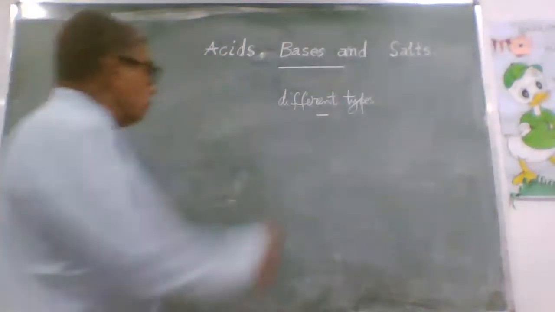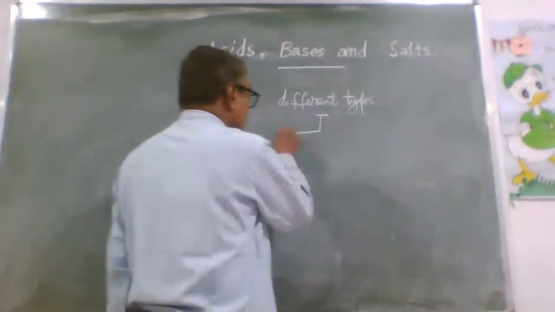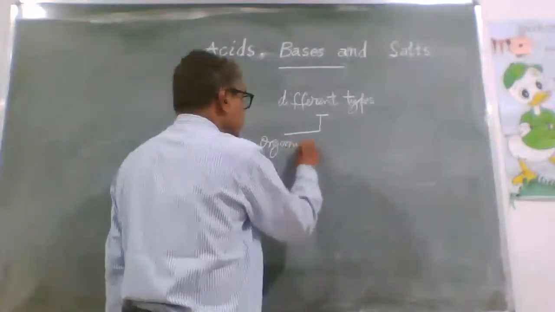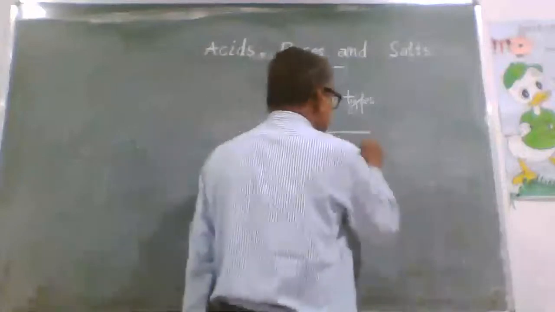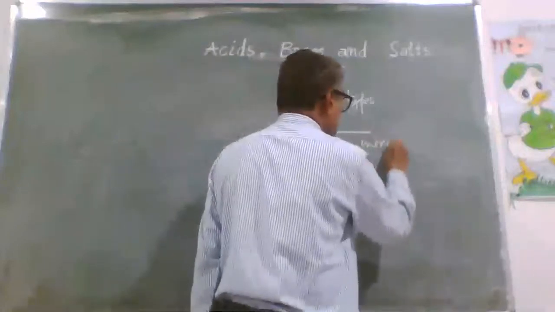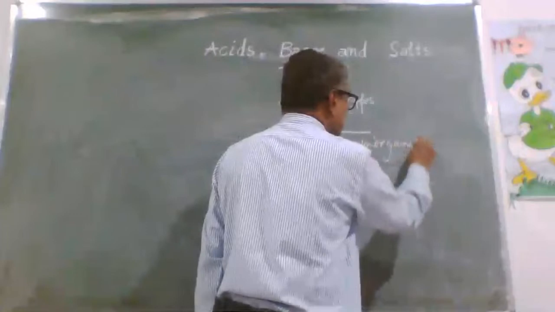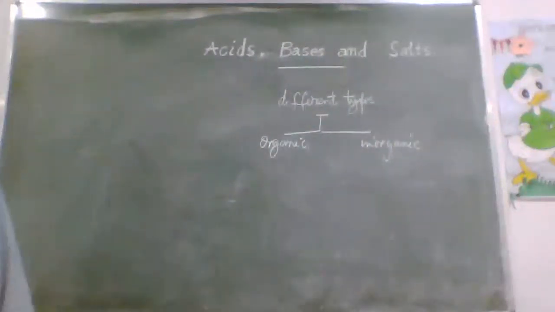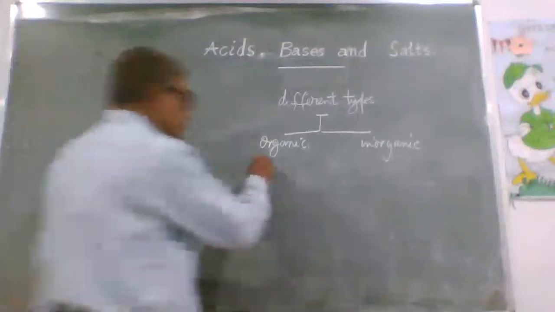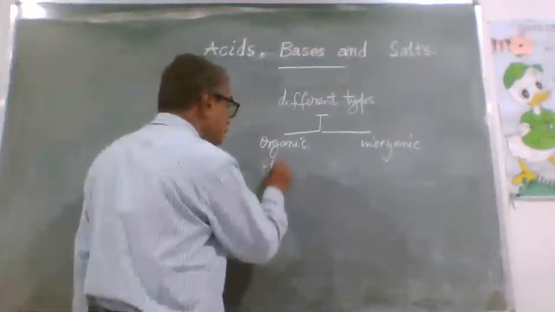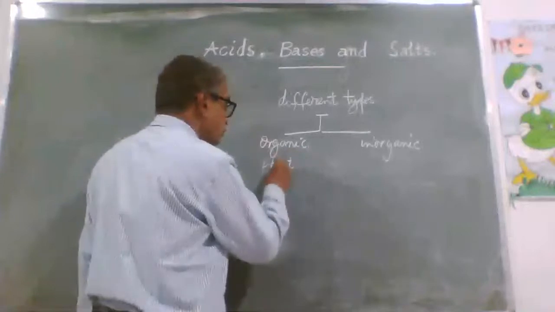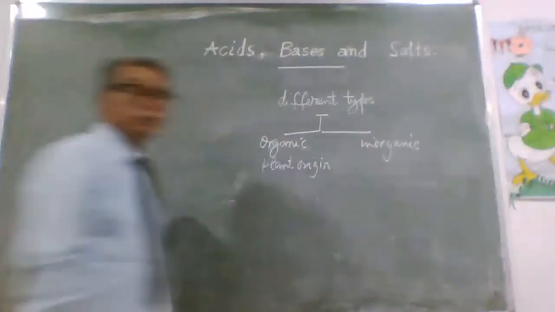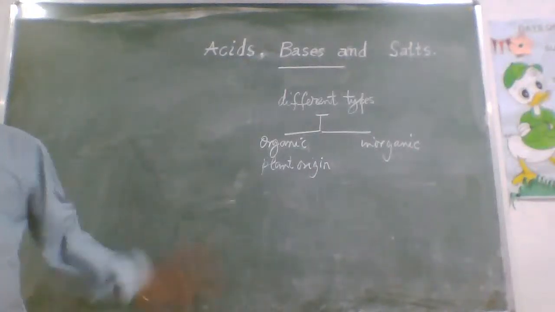One is organic in nature and the other is inorganic in nature. Organic acids are of plant origin, mostly connected with plants.